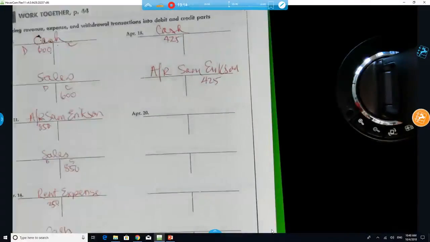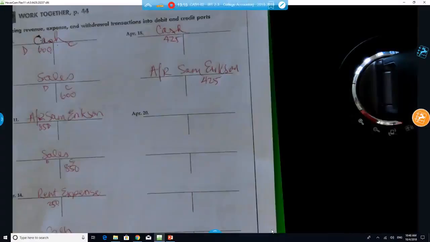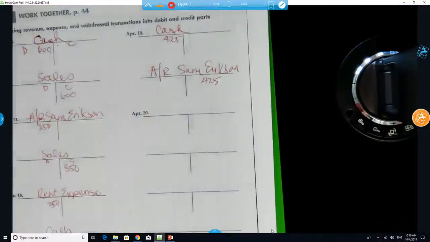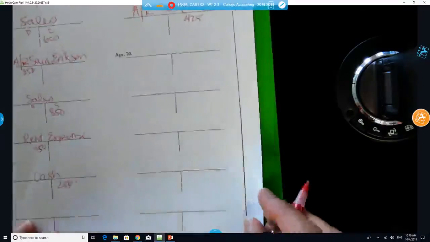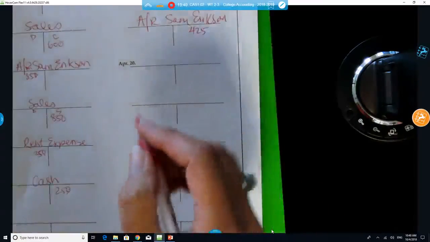Okay. Let's see. Who do I have next? Aiden Siri: paid cash to owner on April 20th for personal use, $300. What are my two accounts affected? Cash and owner's equity, in the form of? Withdrawal. Perfect.